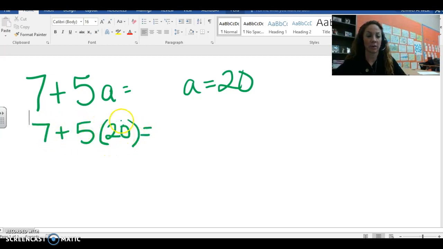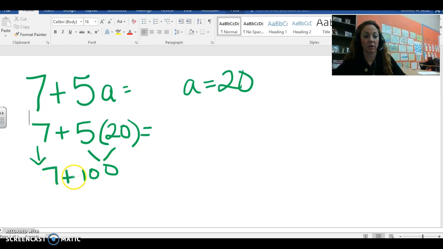We have our parentheses, but that's just so we can multiply. No exponents, so now we multiply or divide. 5 times 20 equals 100. Bring down your 7. Now we move on to adding or subtracting, and all we have is adding, so 7 plus 100 equals 107. Not too tricky, huh?